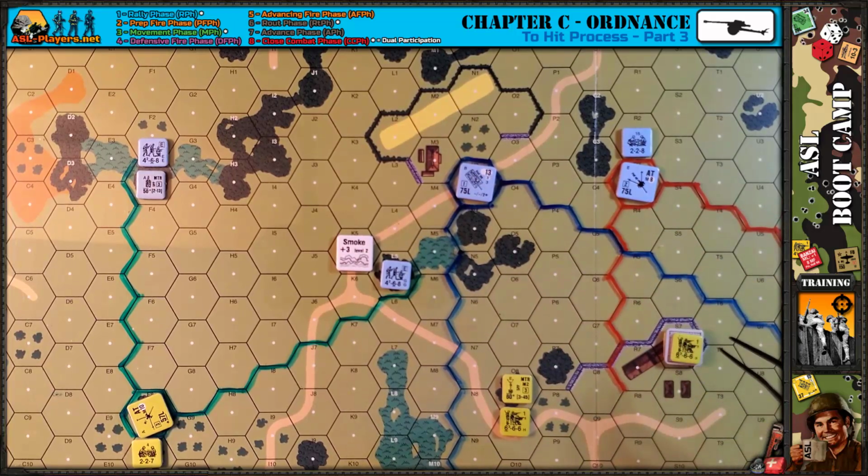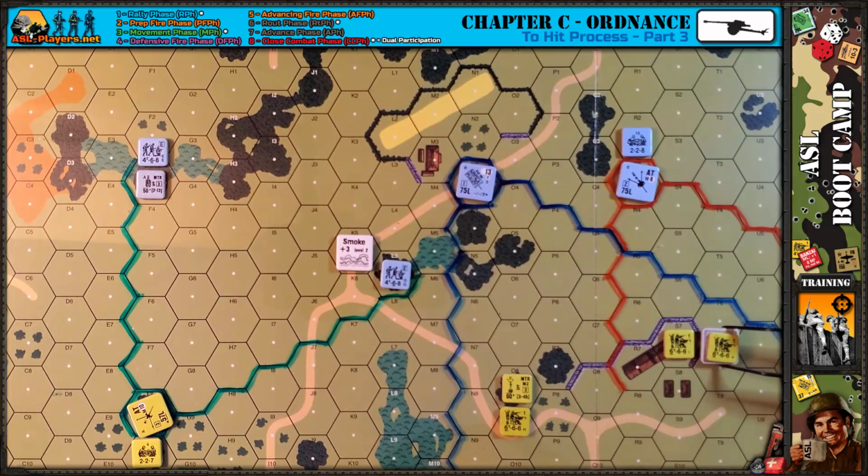Now he has a choice here. He could choose to fire area target type, in which case both units in the hex, both units in 2 locations in that hex would be affected at half firepower.